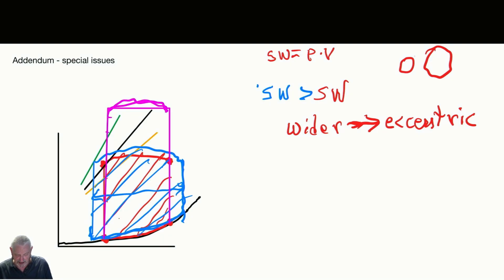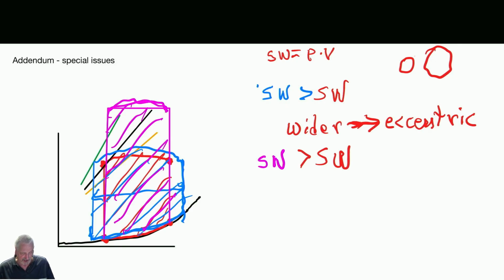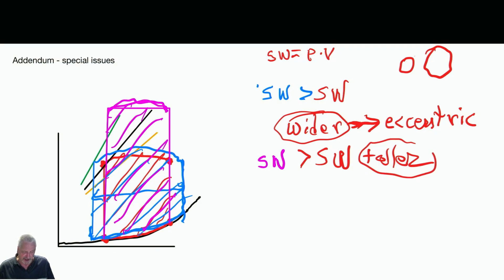And again, we see that the area of this pinkish loop is greater than the red loop, but it's because it got taller and not because it got wider, as we saw before. And so if taller is the reason that we get an increase in the stroke work, we get a different kind of hypertrophy, and that is called concentric hypertrophy.